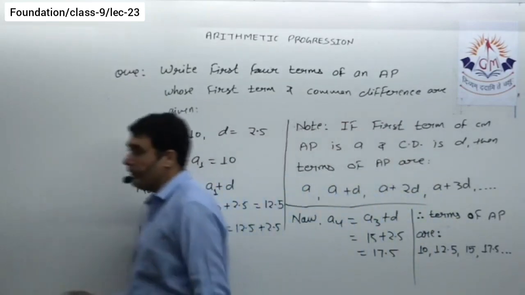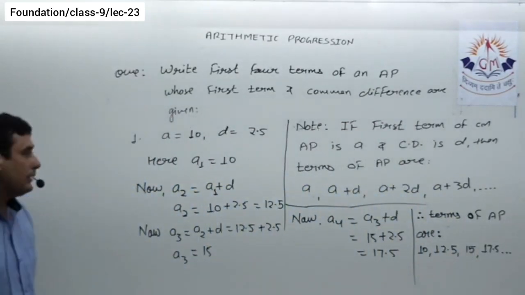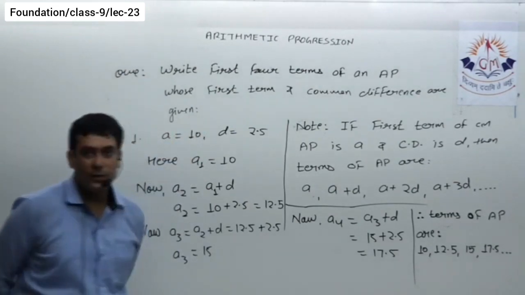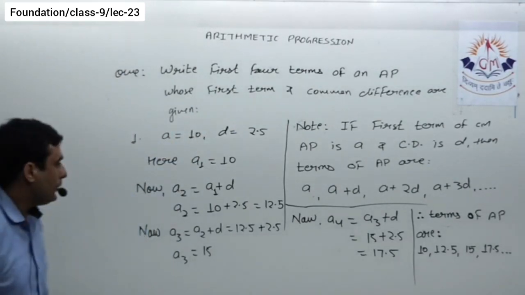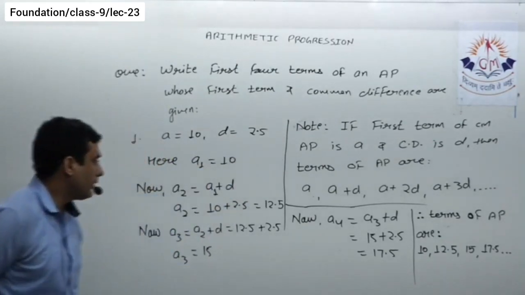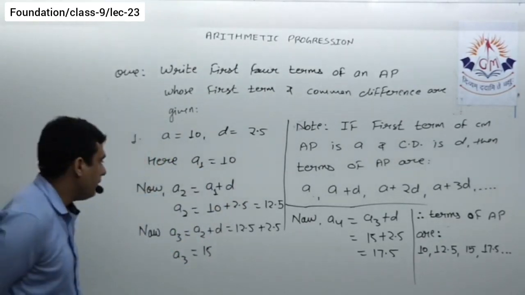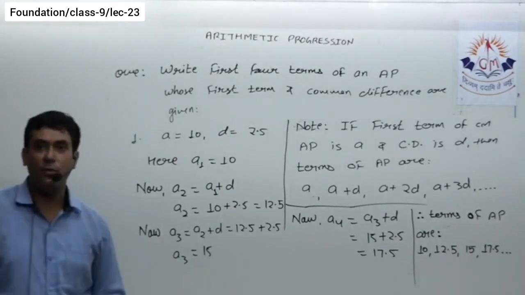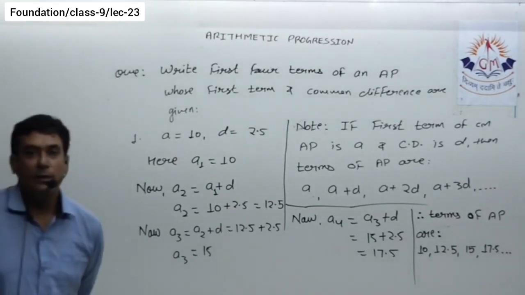So this is the way to find the terms of an AP if the first term and the common difference are given. Please note it down. First take this note and then note down this complete solution. In this way you have to write the solution when it is asked to find the first 3 or 4 terms of the AP.